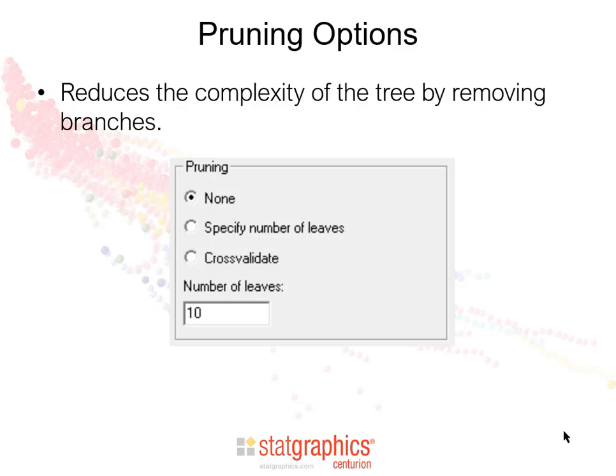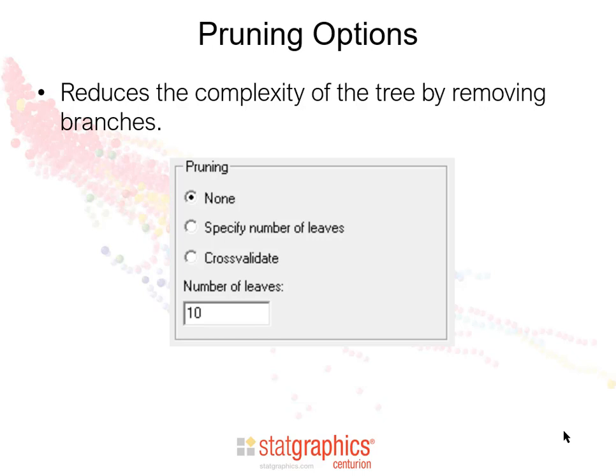One is from the top down, as we did before, by specifying certain options for partitioning. For example, telling the program, don't give me a tree where there are any less than 5 observations in a particular leaf. The second is by doing what's called pruning.